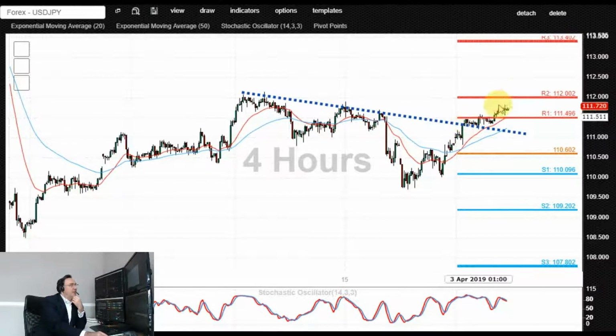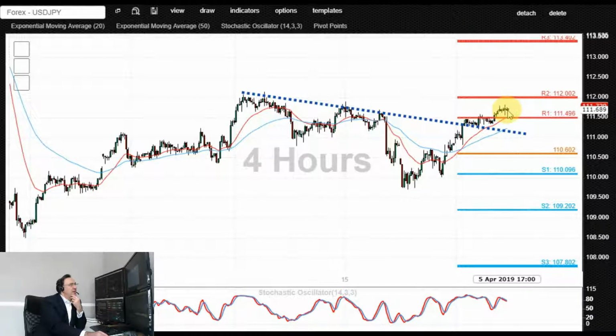That would be like a breakout and a retest would support a bullish outcome, potentially targeting 112 initially, 112.20, which is the sequence of these highs here. Breakouts above that level would open up the way for the retest of 113, 113.40 levels.